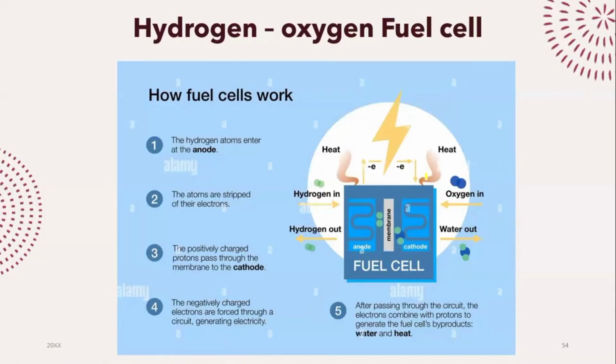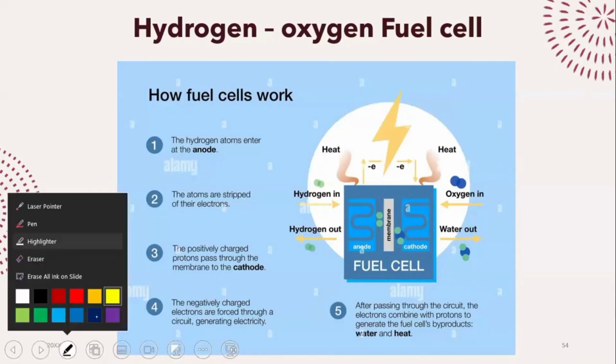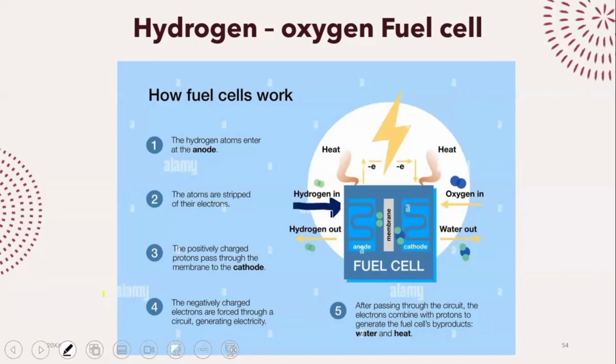I will take my hydrogen gas and add it to my battery. And I will take my oxygen gas and add it to my battery. Now, what is going to happen in the process? Hydrogen is going to be oxidized to give you hydrogen ions and electrons.